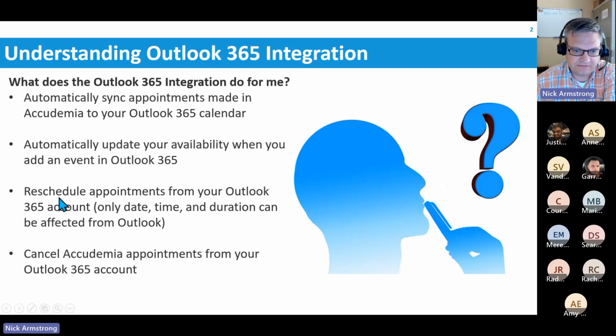So another aspect is that instead of having to go to Accudemia to reschedule an existing Accudemia appointment, I could actually just do it straight from my Outlook 365 account. Now, there are only certain changes, like the date and time, and maybe the duration, that you can change, because other settings like what the course is, of course you're going to have to go back to our software to make those changes, but that's a pretty convenient feature.